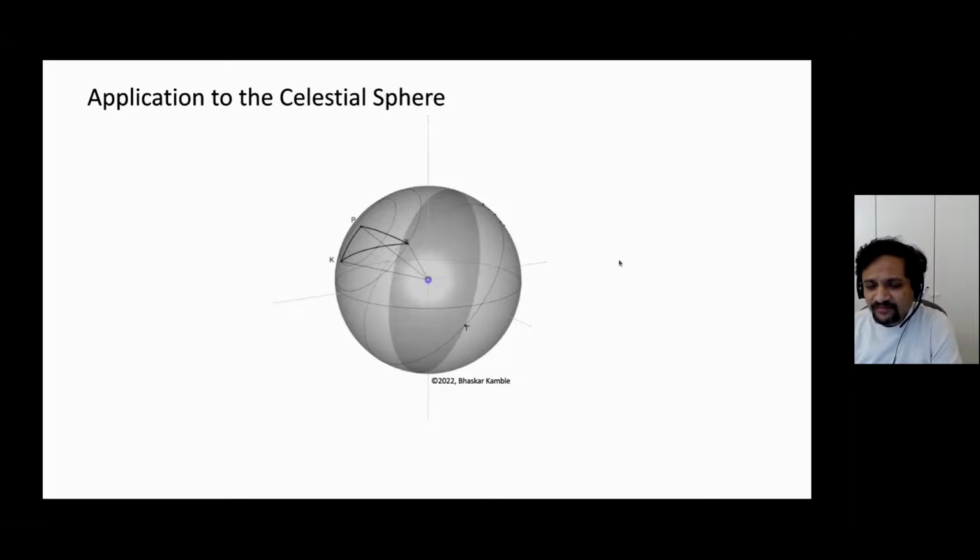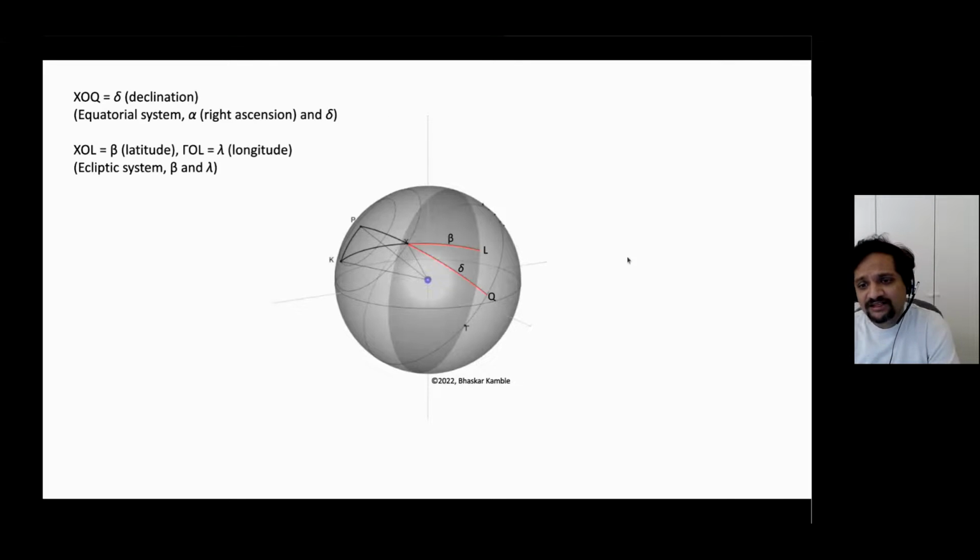For that, it's useful to introduce the basic ideas of celestial coordinate systems, the equatorial system and the ecliptic system. In the equatorial system of coordinates, any object, in this case X, has the coordinates alpha and delta, known as the right ascension alpha and the declination delta.